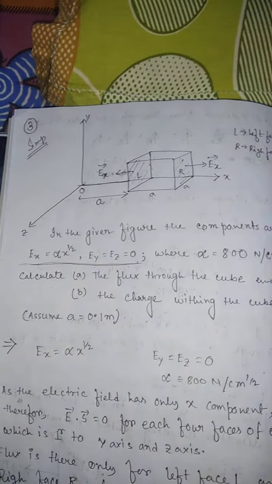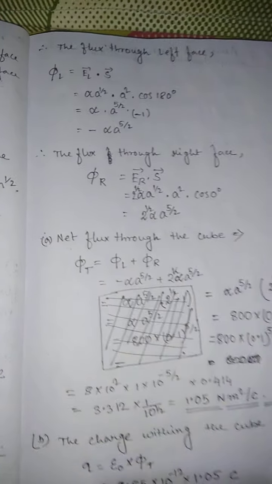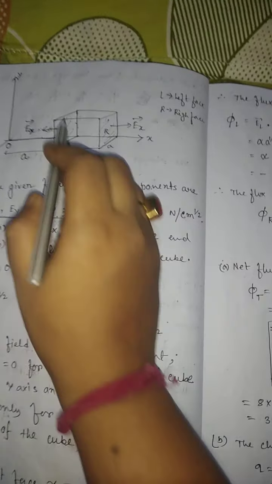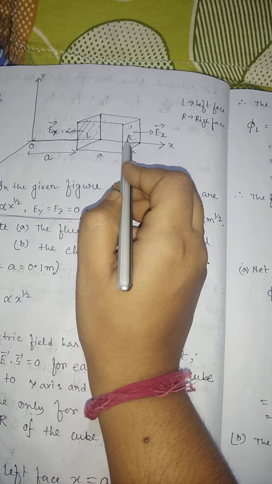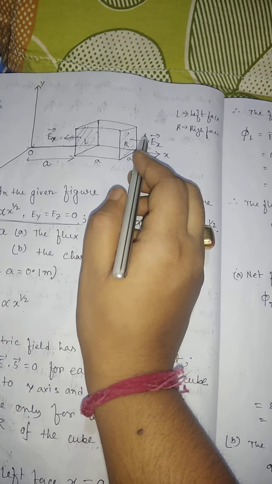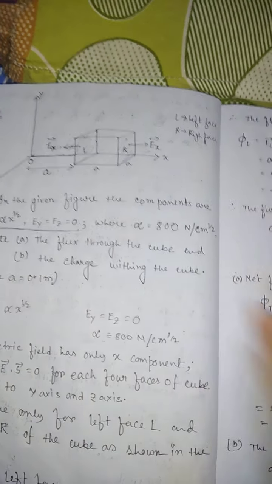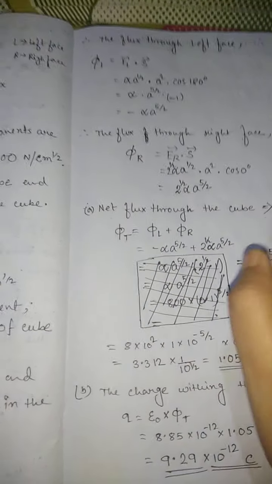Both are in opposite directions. That means theta equals 180 degrees. So we get minus alpha a to the power 5 by 2. For the right face, the electric field is in this direction and the area vector also in this direction. Clear? So the angle between these two vectors is 0 degrees. So we get 2 to the power half alpha a to the power 5 by 2.